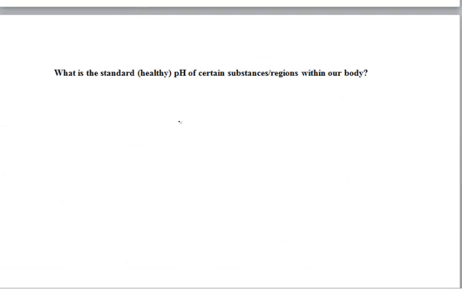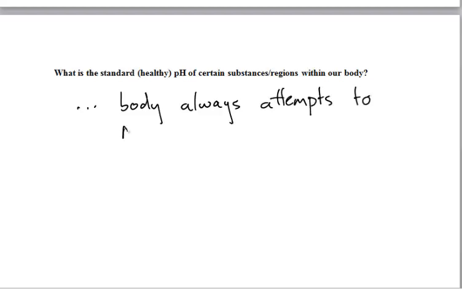So what is the standard healthy pH of certain substances or regions within our body? Remember, the body always attempts to maintain homeostasis, so it has mechanisms to keep them at these pHs.